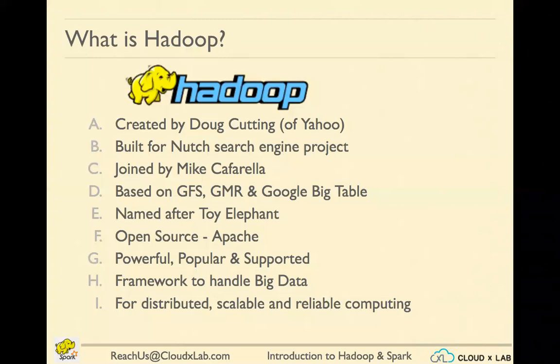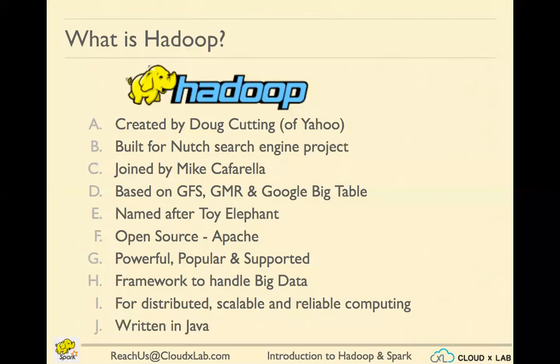These tools should be able to handle these kinds of outages and failures. So all the components under the umbrella are basically distributed, scalable, and reliable, for distributed, scalable, and reliable computing.